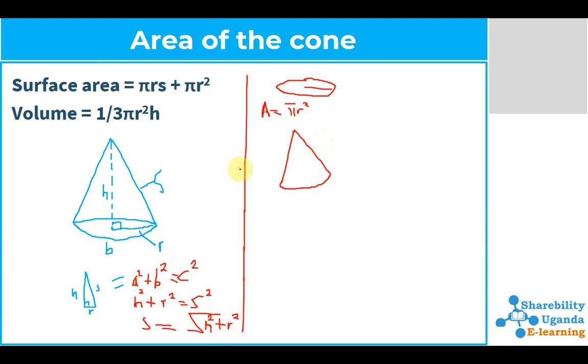So that means for us to find the surface area of this cone, we shall include these two parts, the circle itself and the sector of this circle. So how do we find the area of this part of the circle?